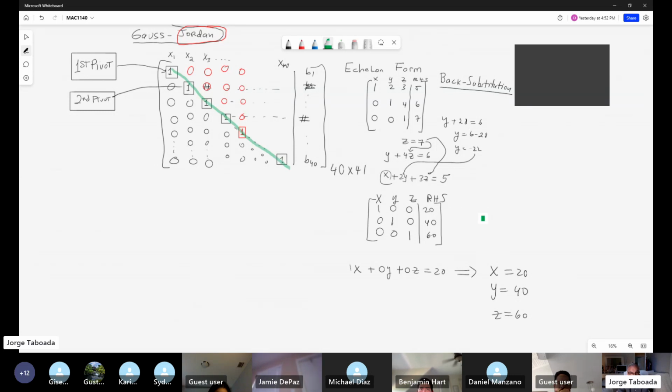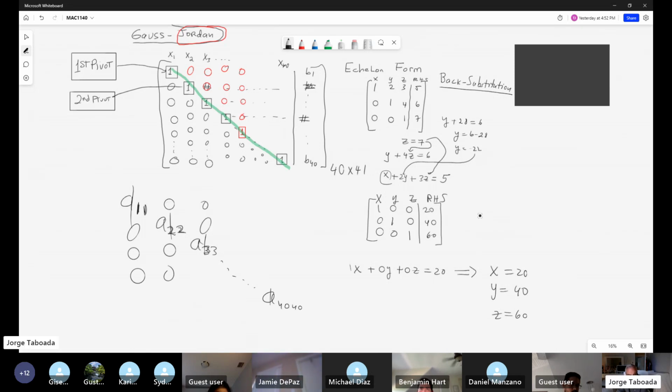So as the elements, for example, let me use double subscript: A11, A22, A33. What does double subscript mean? The first subscript is row 1, column 1, row 2, column 2, row 3, column 3. Bam, bam, bam, and we finish at A40,40. Right? You create 1 here, 1, 1, 1, 1, and below and above, 0.